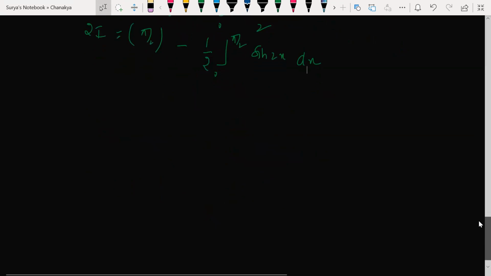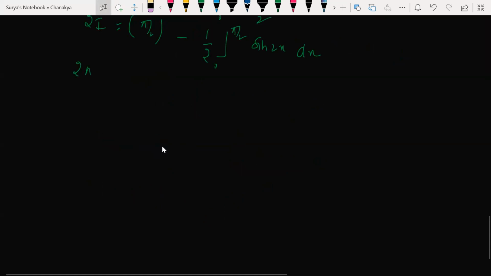Okay. Now what can we do here? 2 times I is equal to pi by 2 minus integral, sin 2x is what? Very simple. Integral 1 by 2 integral sin 2x is what? Cos 2x by 2, right?